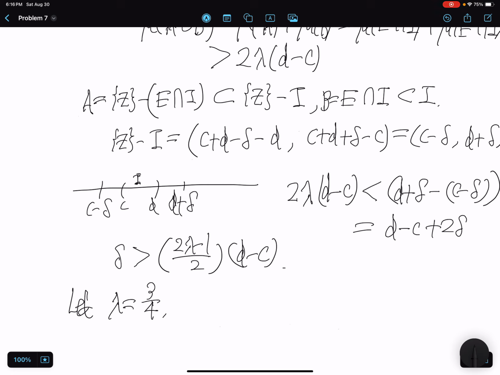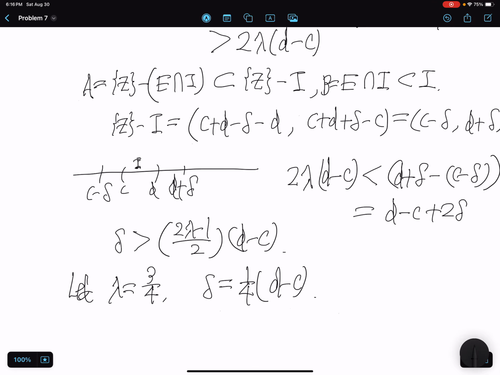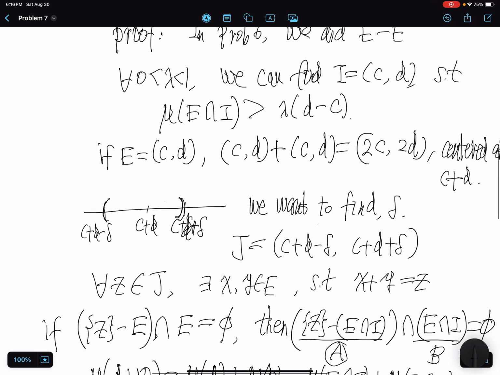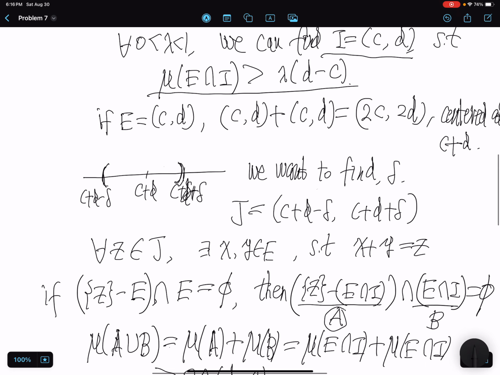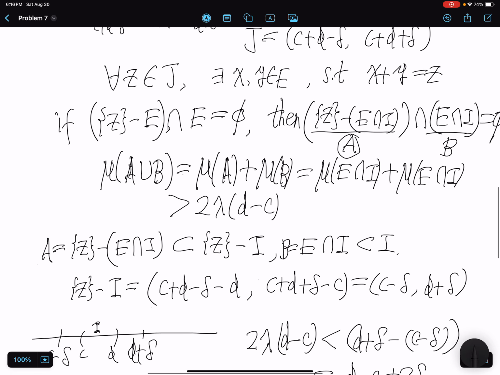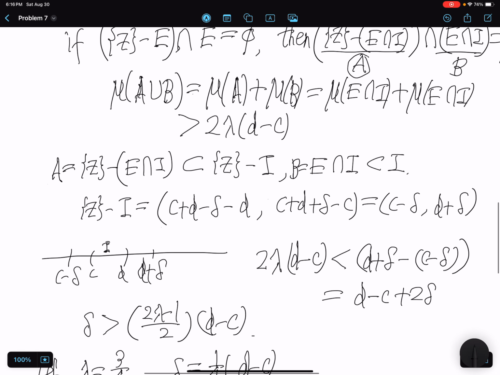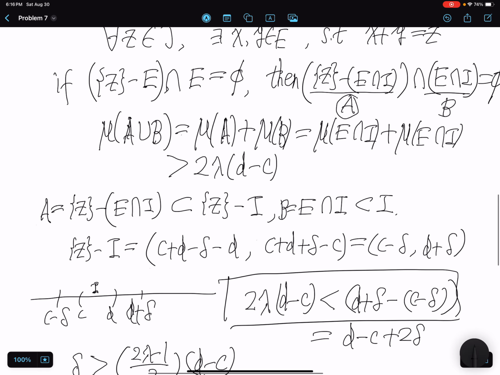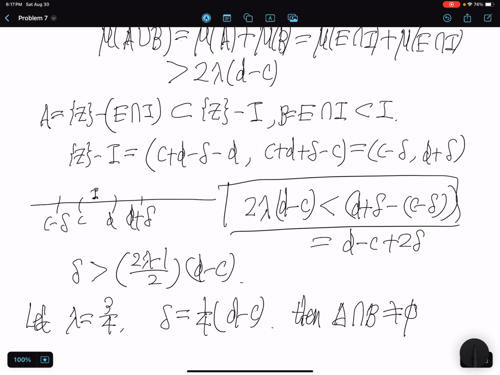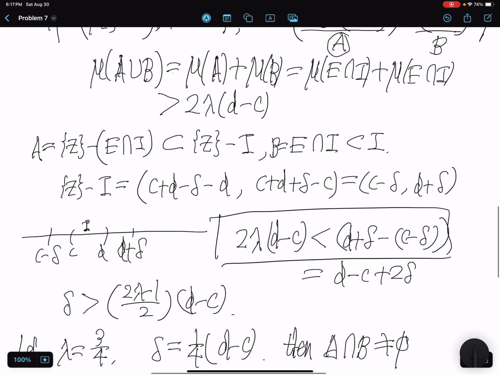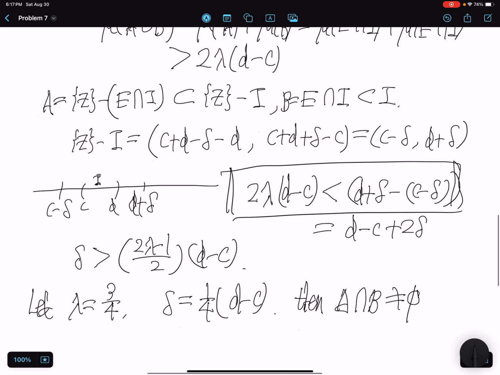We want to make sure 2 lambda minus 1 over 2 is greater than 0, and we can pick delta to be 1/4 of D minus C. If we pick lambda equals 3/4, then from the lemma we find C and D with this inequality, and now we pick delta equal to 1/4 of D minus C. Now going backwards, because of the inequality, A and B cannot be disjoint, because otherwise the measure of the union would be strictly less than D minus C plus 2 delta. So A and B intersect, and thus the intersection is non-empty.